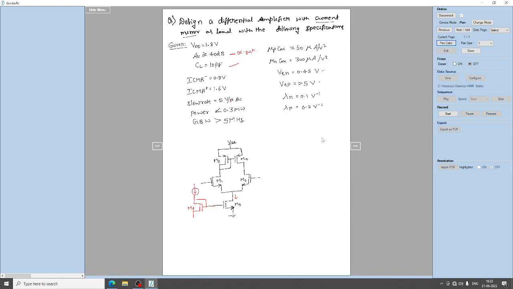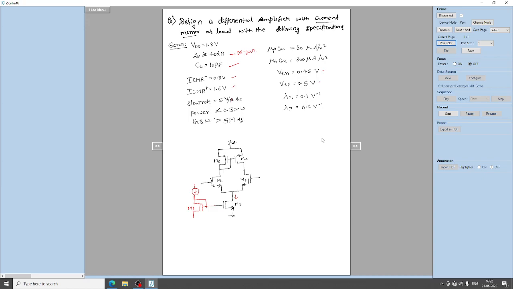Other than this, we have the input common mode range, which is minimum 0.8 volt and maximum 1.6 volts. This is the DC supply we give to ensure that the transistors are in the saturation region.